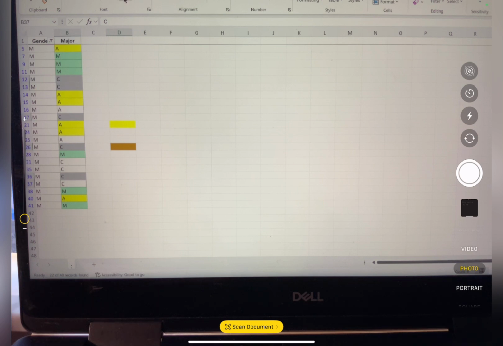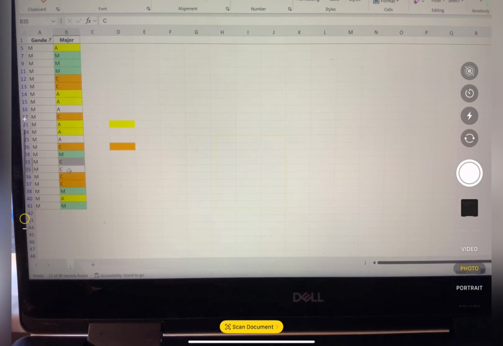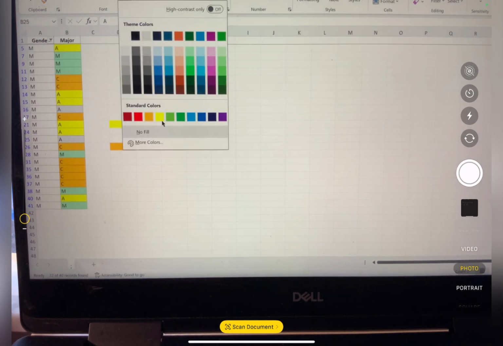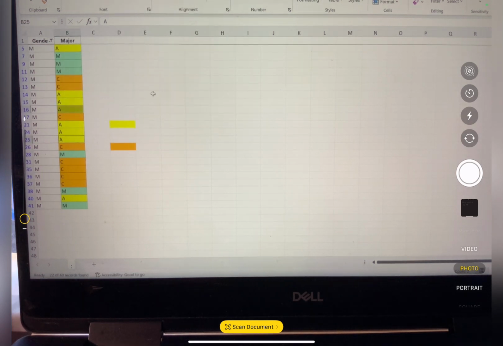Clicking and got it. So I have here this and this C orange, and I need A and A. I'm dropping yellow. All right, we got everything.